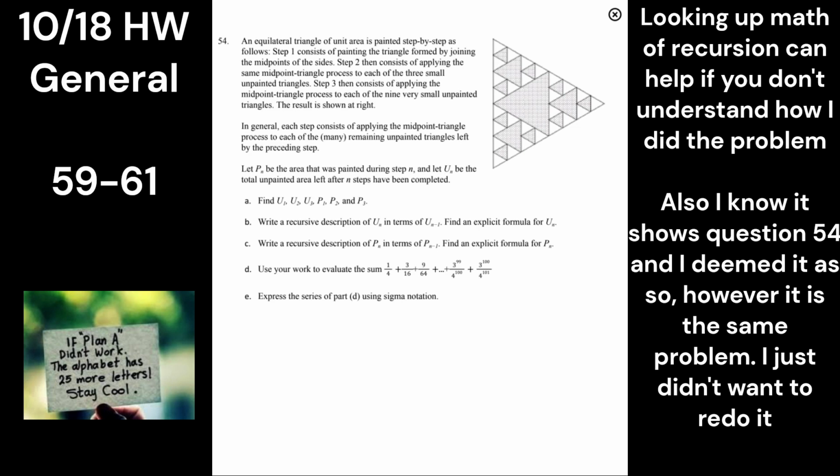I'm not gonna start part A. Here, there's two functions we need to know about: p sub n and u sub n. And then we are given a sum right here, and we don't know what this is yet. But you can spend like 5 seconds and realize this is the sum for p sub 100.